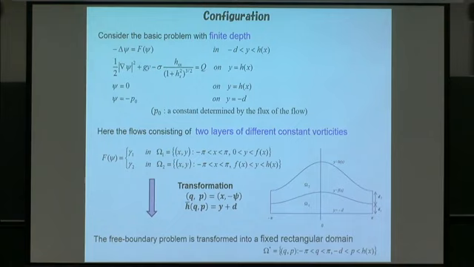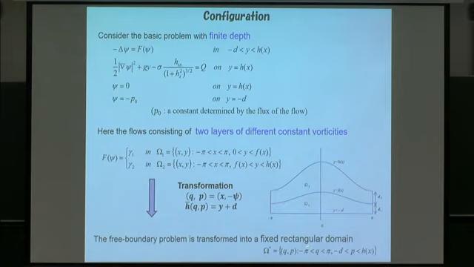In order to overcome the difficulty of the free boundary, we used the following transformation: we put q equal x and p equal minus psi, then the free boundary problem is transformed into a fixed rectangular domain.